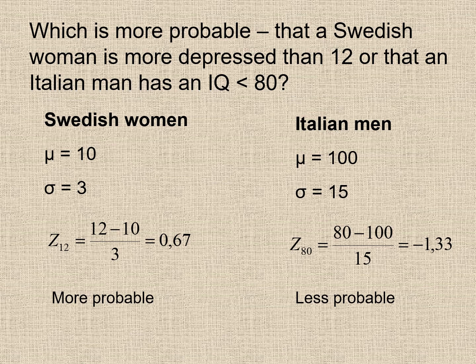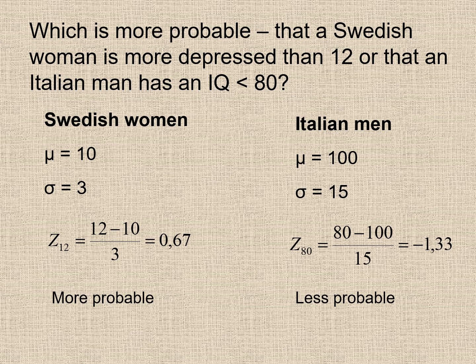So now we see that the value 12 deviates only 0.67 standard deviations from the population mean, while the value 80 deviates 1.3 standard deviations from the population mean. This means that the value 80 on IQ among Italian men is a more extreme outcome than the value 12 on depression among Swedish women.